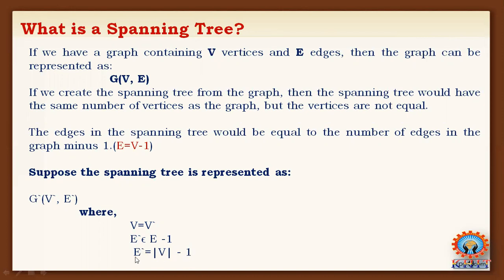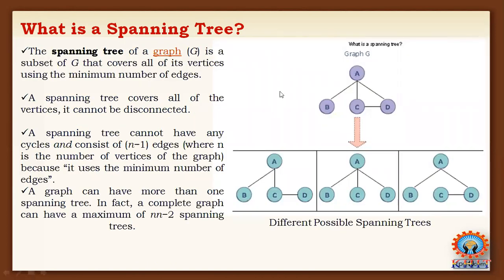That means the total number of edges in the given spanning tree equals the total number of vertices the graph contains minus 1. In this way, we can calculate the total number of edges in the given spanning tree. So this is the way of generating different possibilities of spanning trees from the given graph.